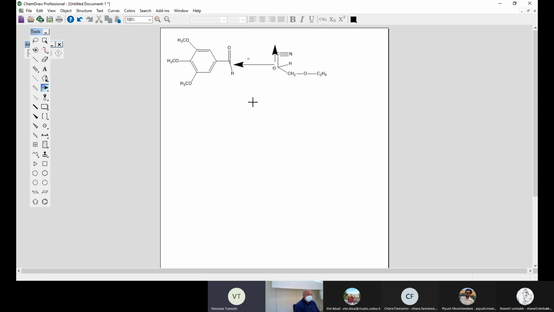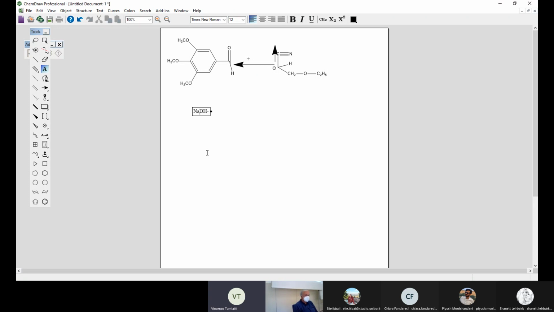But it is important at this point to understand what a strong base means. Normally, you know sodium hydroxide. Perhaps you know sodium hydroxide is a strong base.